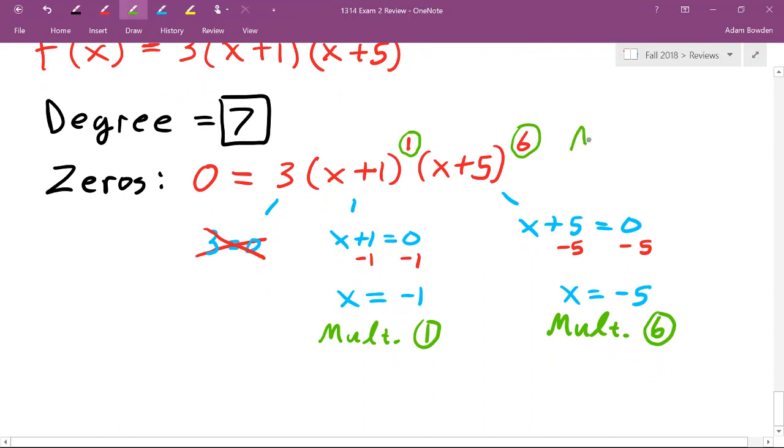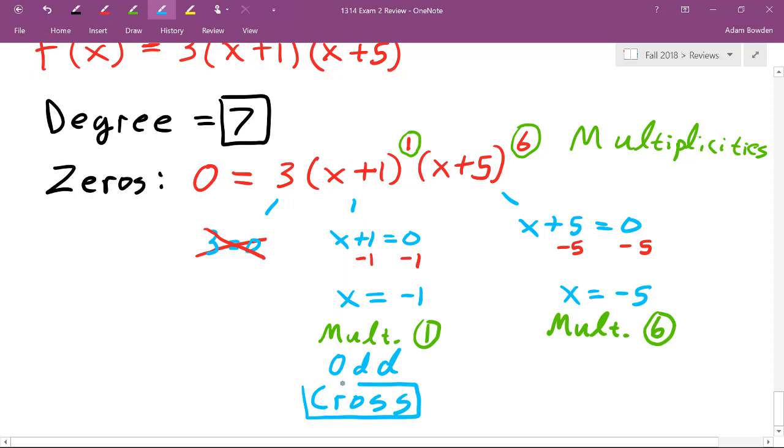Once we know the multiplicities of each of these numbers, what we're going to do is check to see if they're even or odd. This one, being that its multiplicity is 1, is odd, and odd multiplicities will cross on the x-axis.